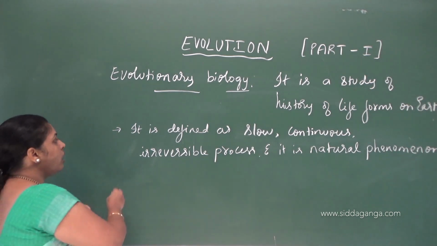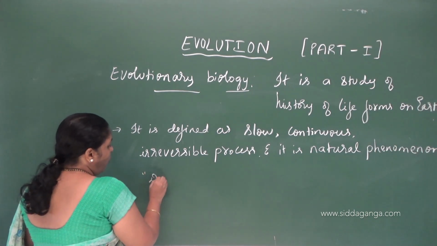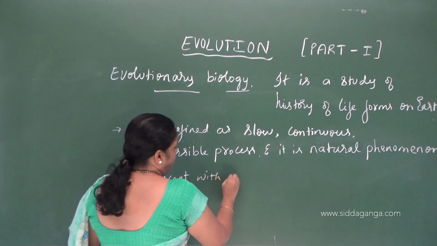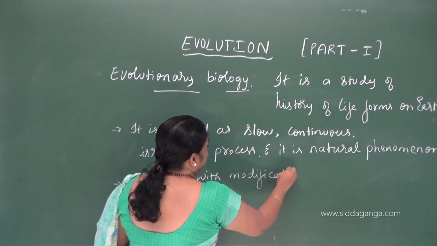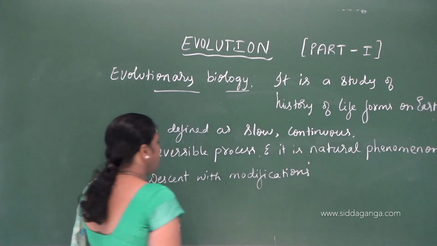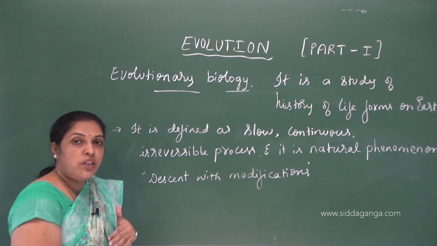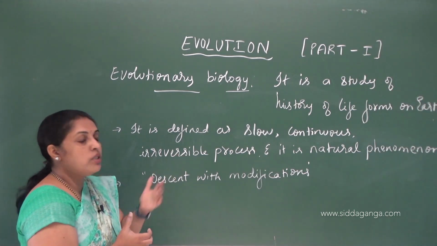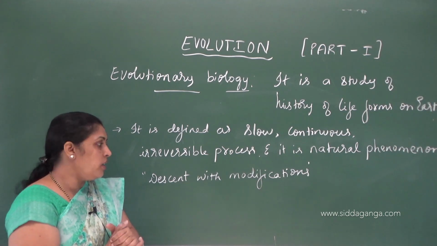Charles Darwin said evolution is descent with modifications. Descent with modifications means that from generation to generation we see slow changes that took millions of years.